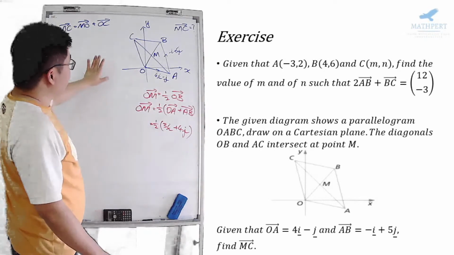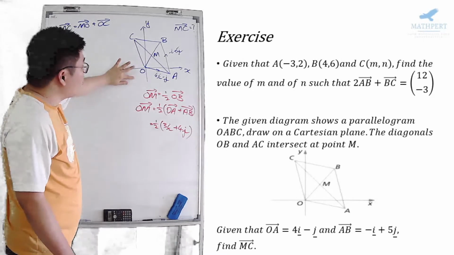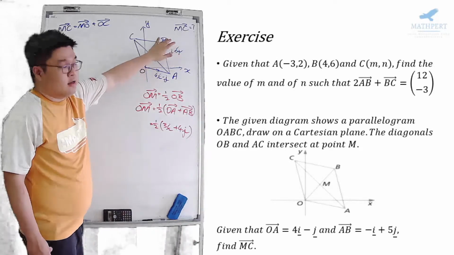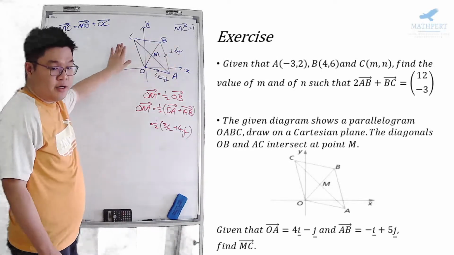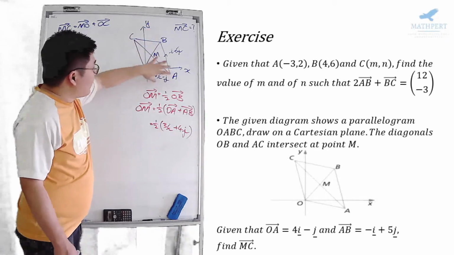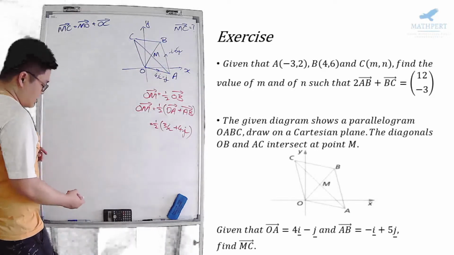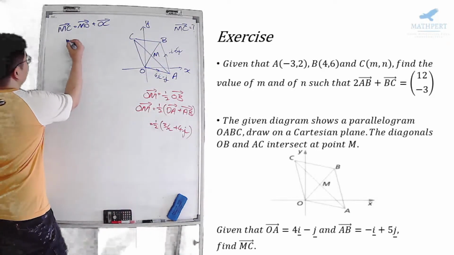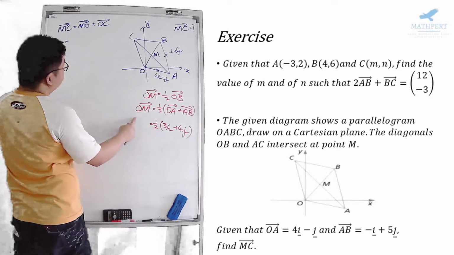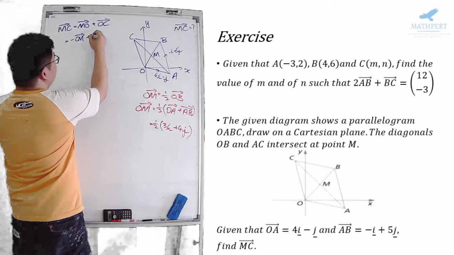Do we have OC? Since this is a parallelogram, OC and AB are the same. These two lines have the same directions, same magnitude. OA and CB also have the same magnitude, same directions. So what I can say is MO is equal to negative OM plus OC.